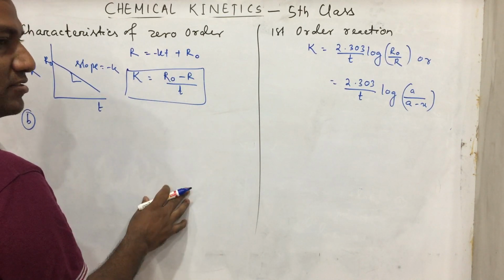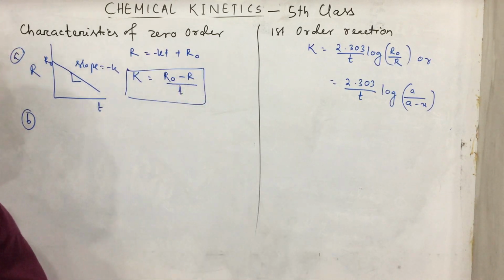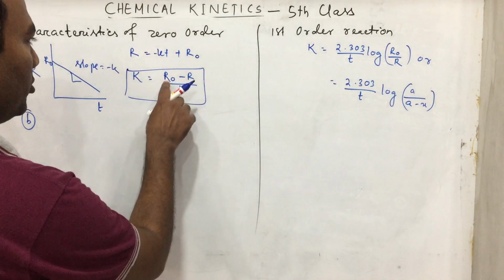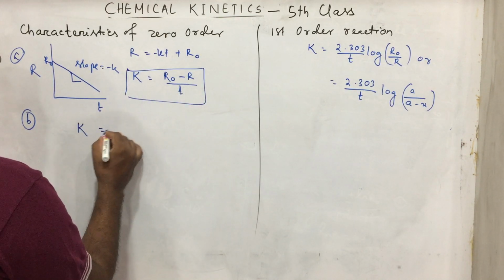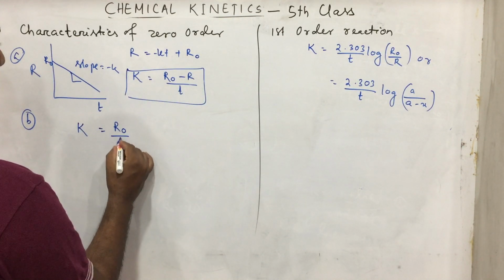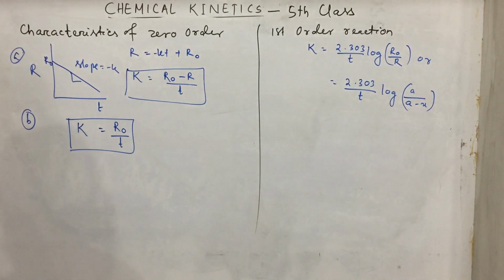R naught is the initial concentration, so this value we cannot change. So R value becomes 0. If we put R as 0 here, we get K equals R naught by t. This is the relation between K and t when the reaction is completely finished.